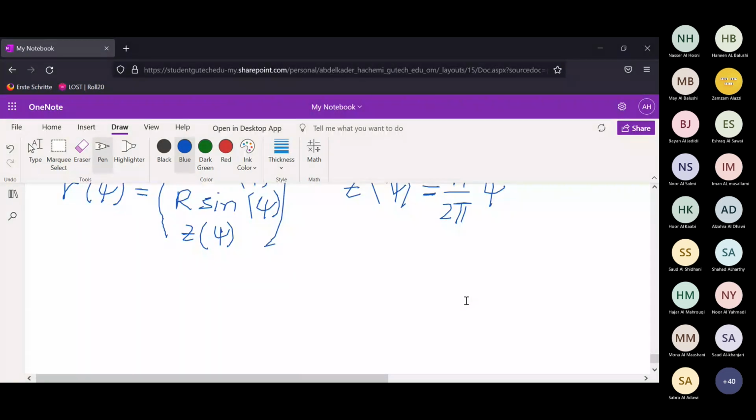Now we can get the vector r. It's only to replace xi with omega t.